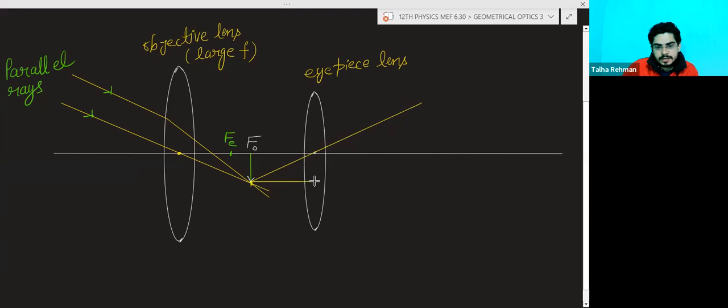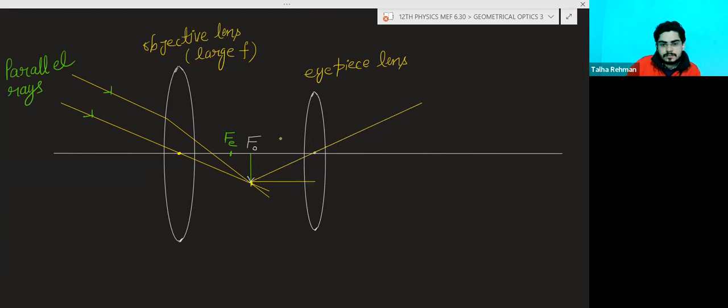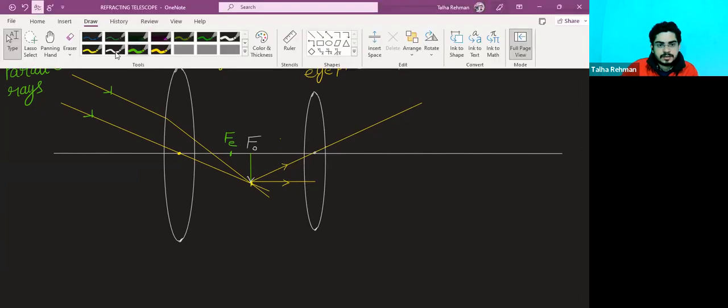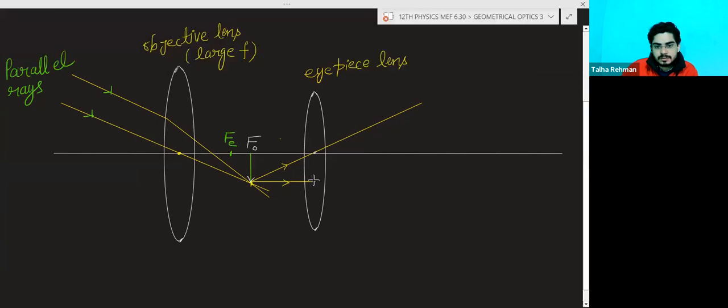Another ray is parallel to the principal axis, and after passing from the lens, it will pass from the focus.